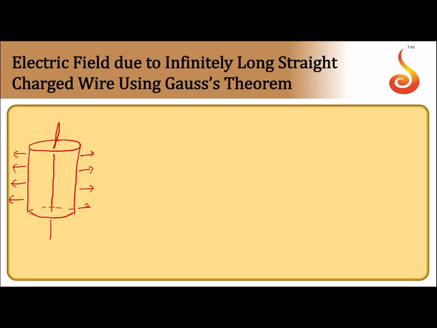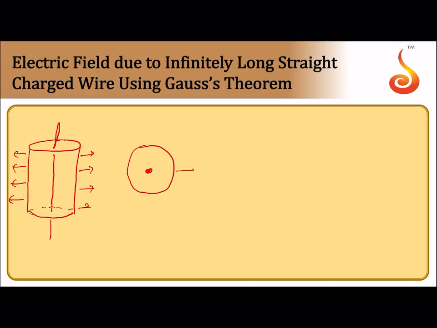Now suppose I consider the top view. What is the top view? The top view is like this. This is the line of charge which goes into the plane of the paper, and this is your Gaussian cylinder.